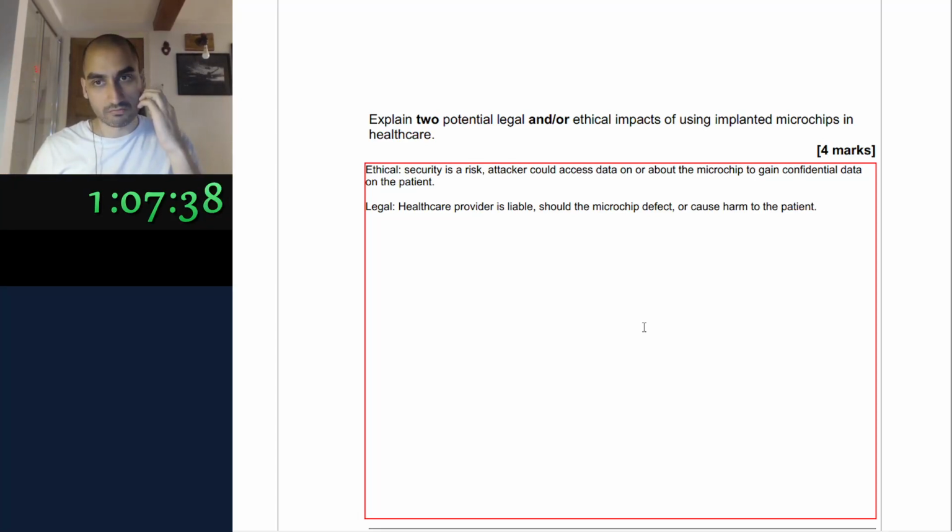It's never good to have a foreign object in your body. Two potential legal issues, 4 marks here.